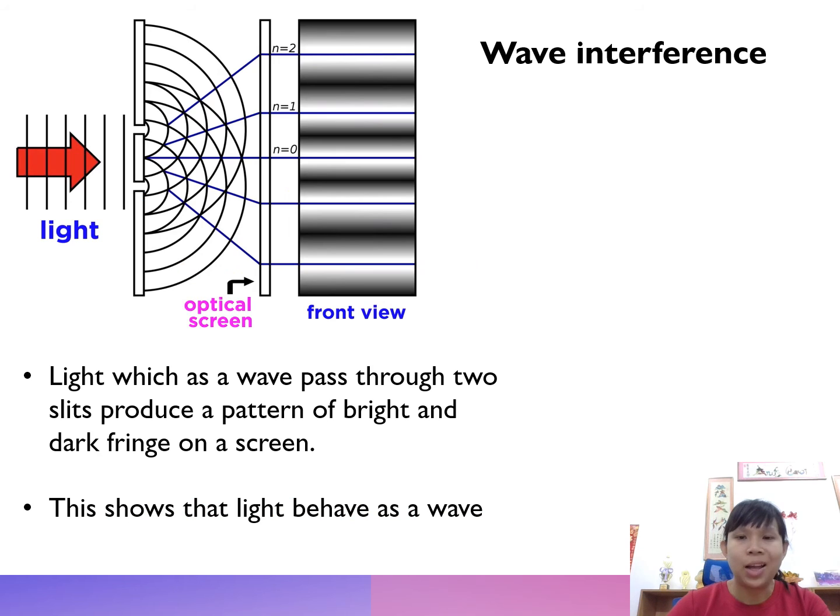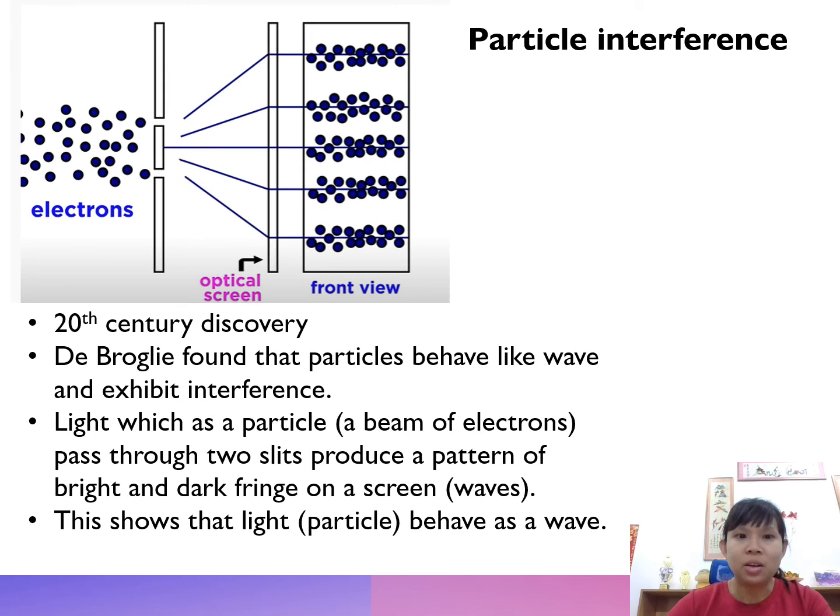So now we look at the result that proves that a particle behaves as a wave. This one is the classical result about wave interference. And then during the 20th century, it was discovered that a particle behaves like a wave and exhibits interference.